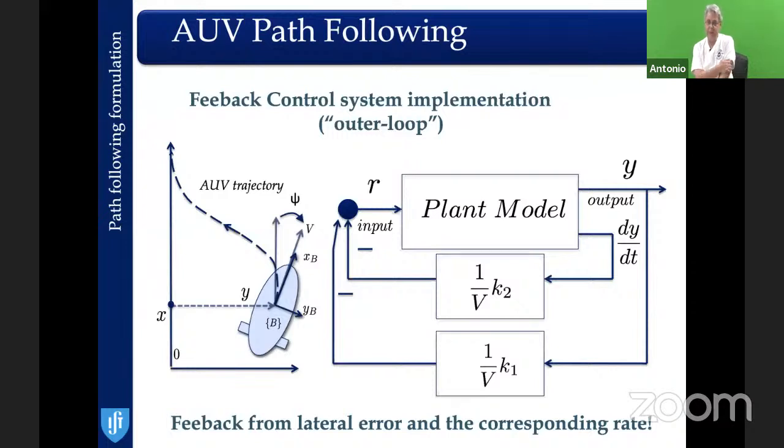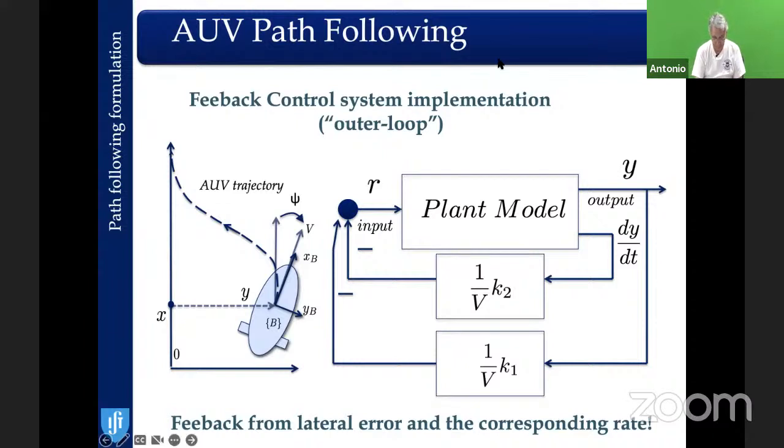How do you implement this? So you have the plant model. Your input is R. Again, let me remind you that R in the kinematic equations is considered as an input. But if you were to implement this controller, then at a later stage you'd have to design a control system for R to make the vessel actually go at that heading rate.